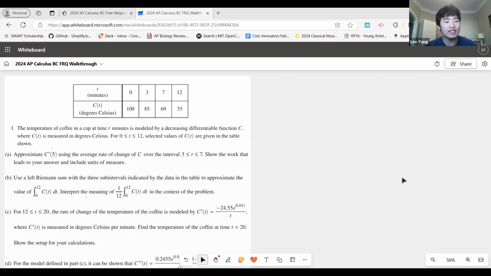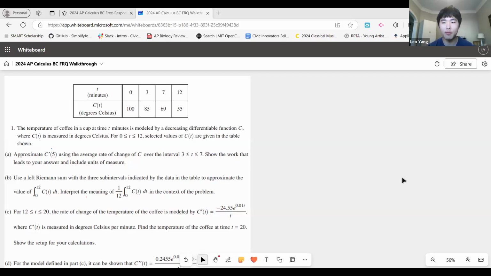Part A says to approximate c prime of 5 using the average rate of change of c over the interval 3 ≤ t ≤ 7. Show the work that leads to your answer and include units of measure. Remember, a derivative is essentially an instantaneous slope, the rate of change of a function.